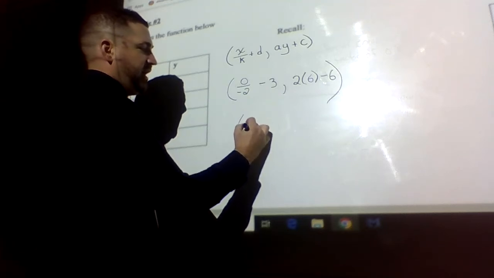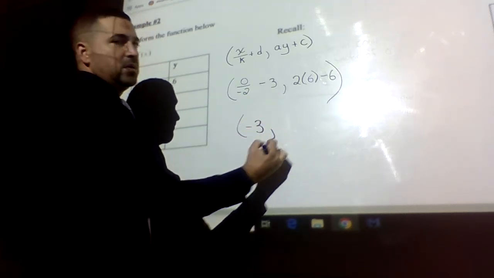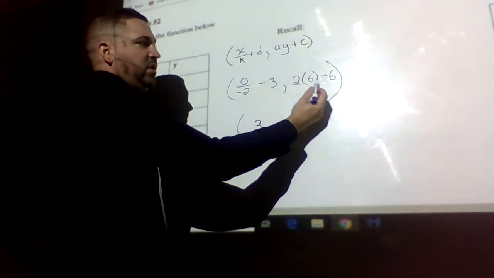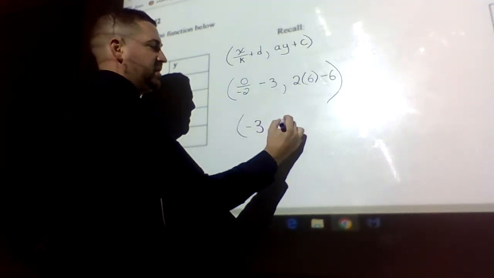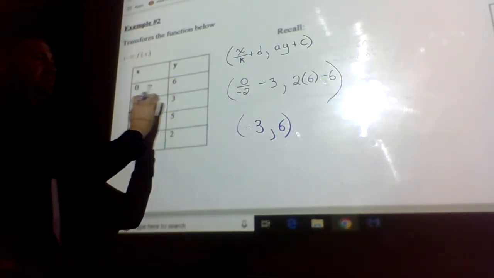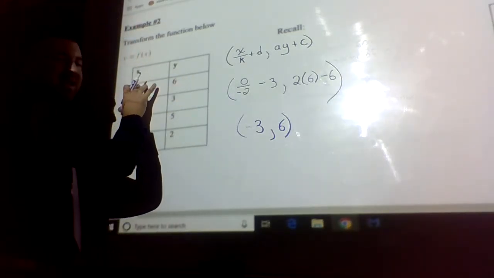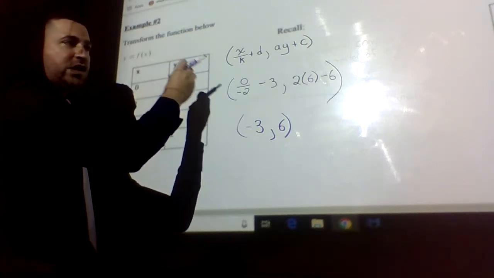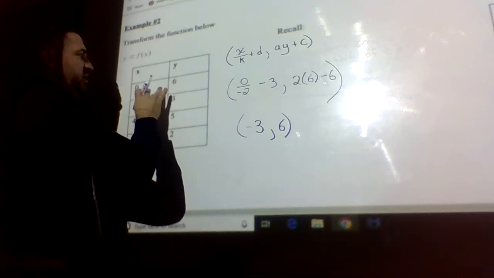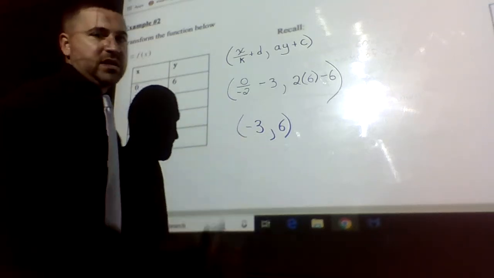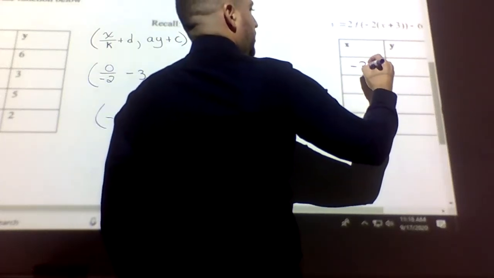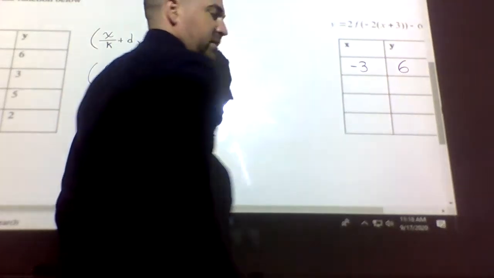Minus 3 is -3. 2 times 6 is 12. Subtract 6 is 6. So this point originally, the 0 and 6, has now been transformed through the stretches, compressions, and the shifts left, right, up, down. So this now becomes -3 and 6. Our new transformed point is -3 and 6.